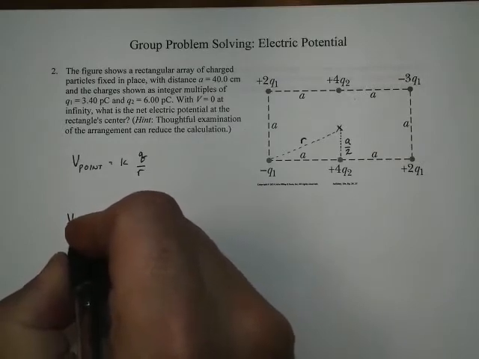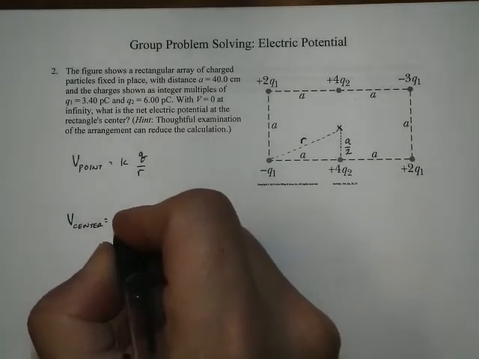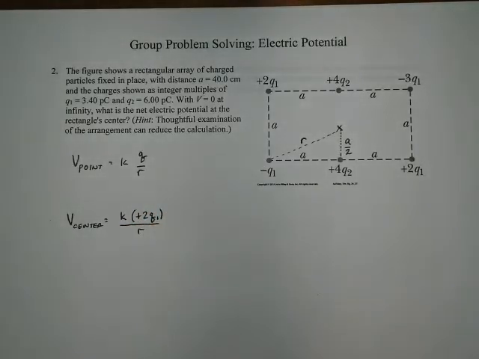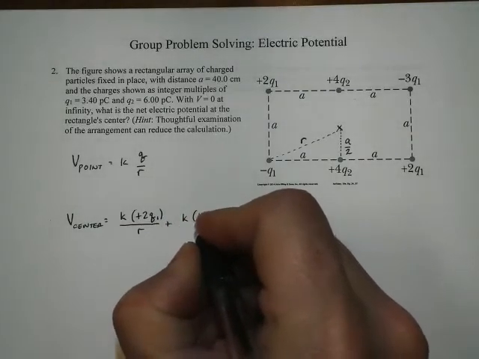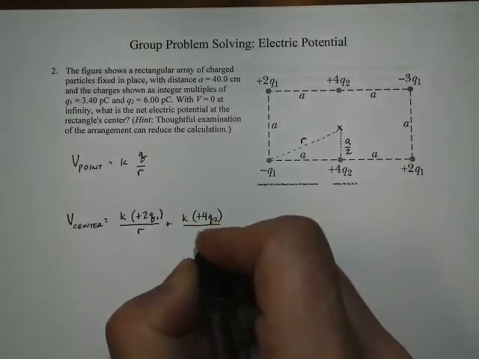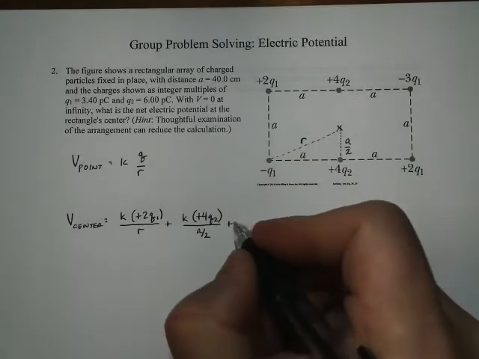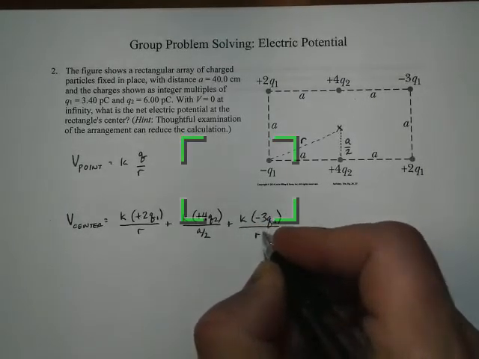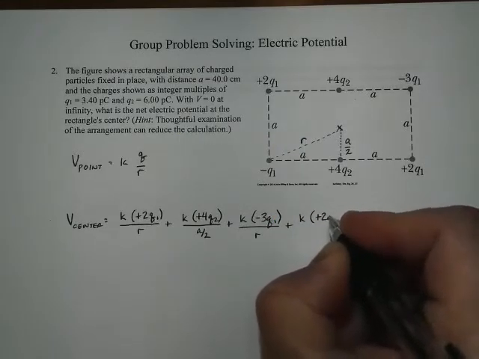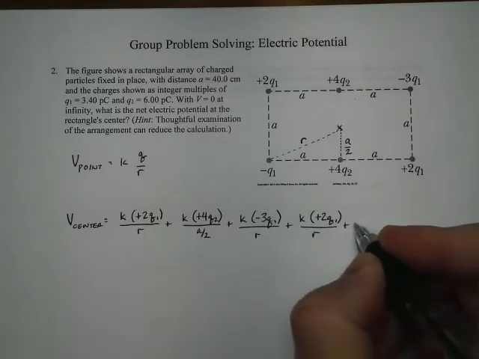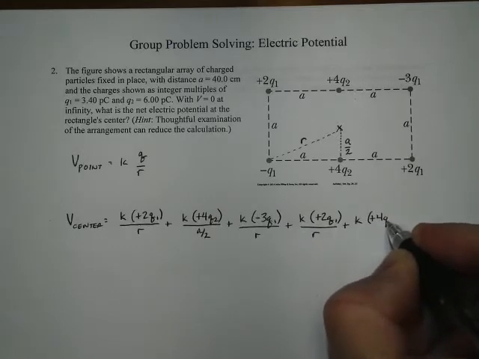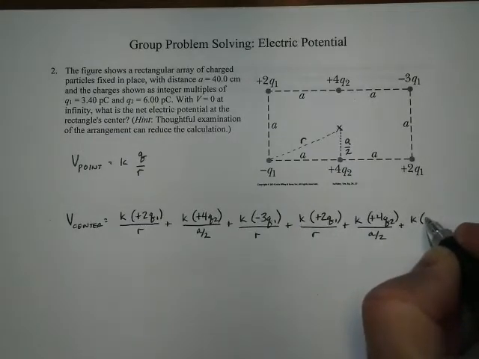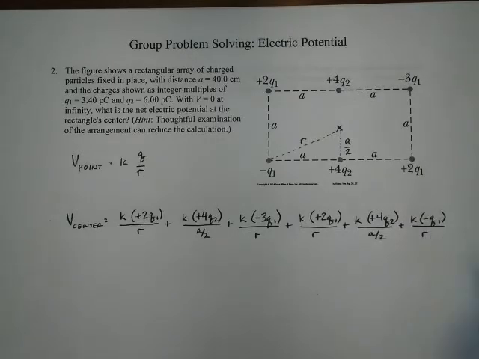So the V at the center of this arrangement is going to be K times plus 2 Q1 over R, plus K times plus 4 Q2 over A over 2, the center point, plus K times minus 3 Q1 over R, plus K times plus 2 Q1, bottom right corner, over R, plus K times plus 4 Q2 over A over 2, plus K times minus Q1 over R.